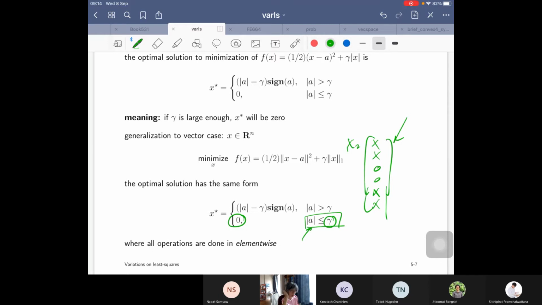Sparsity in the vector x is in some applications a desirable property because it means you use fewer parameters. So instead of having n non-zero entries, you just have r non-zero entries, so it's more compact in terms of storage and in terms of using x as a model parameter. We say that model has fewer parameters, that model is simpler.